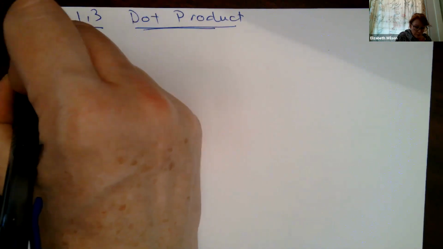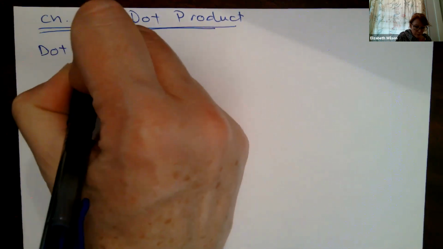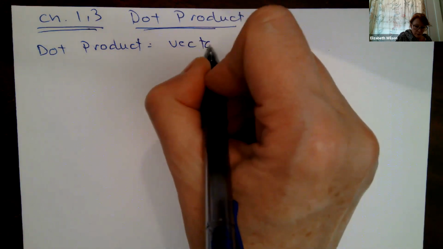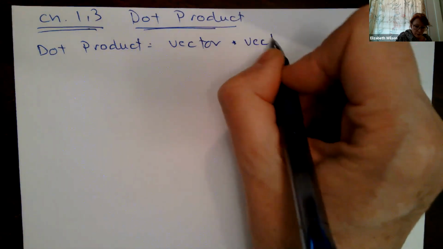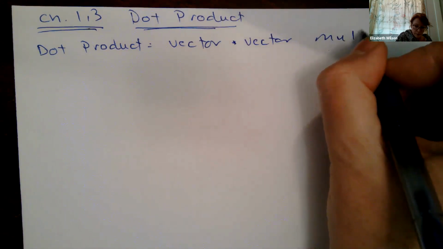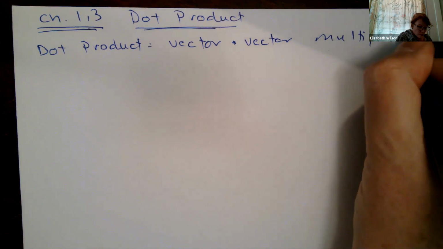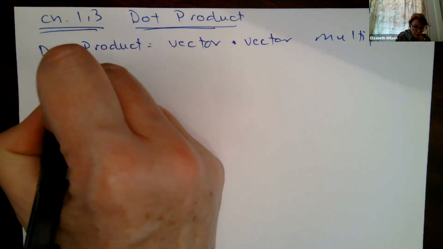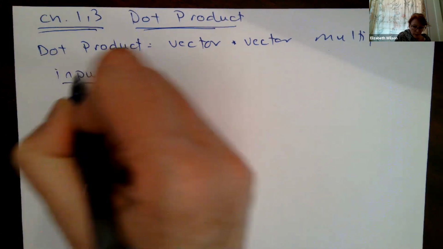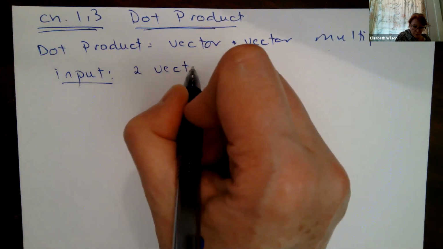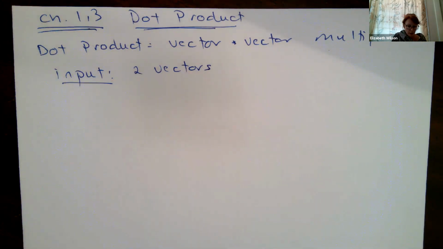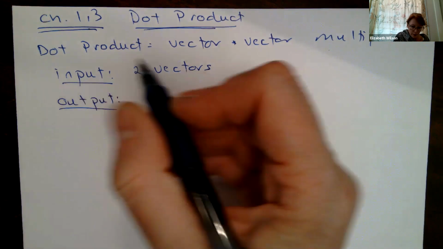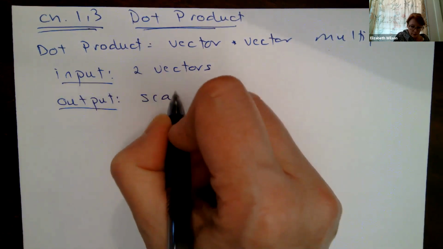So this dot product is a vector multiplication. What happens is I have 2 vectors as an input, and then my output on the dot product is a scalar.